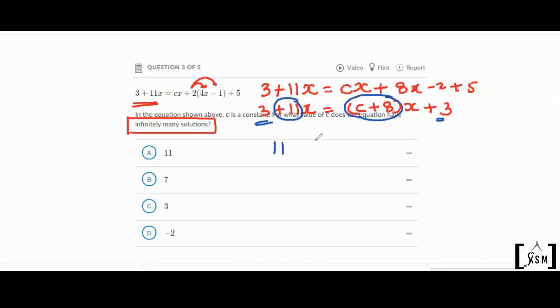So 11 is equal to c plus 8. Solving that, 8 will come to the other side and become negative 8, so c is equal to 3. Option C should be the correct answer.